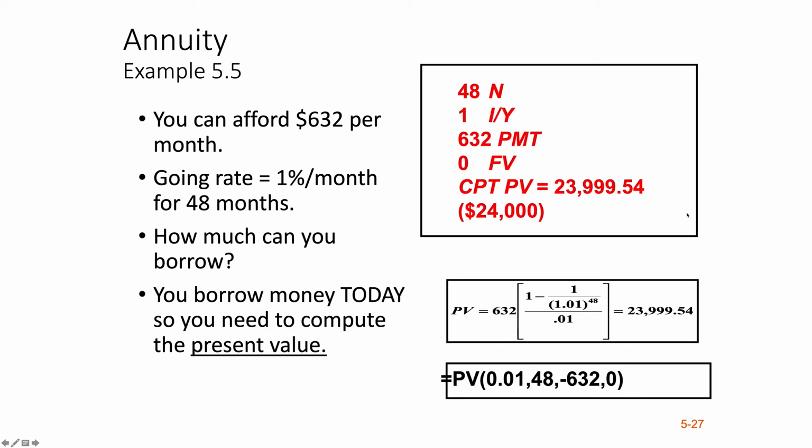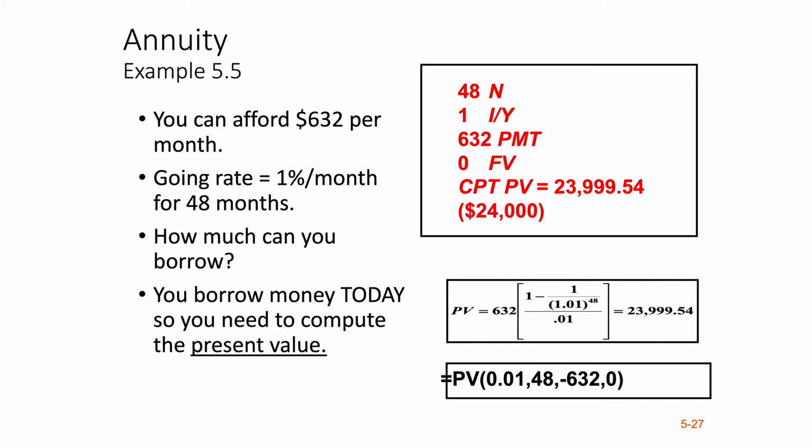Let's look at example 5.5. Let's assume you can afford $632 per month. That's the monthly payment. Now, the going rate per month for 48 months is 1%.